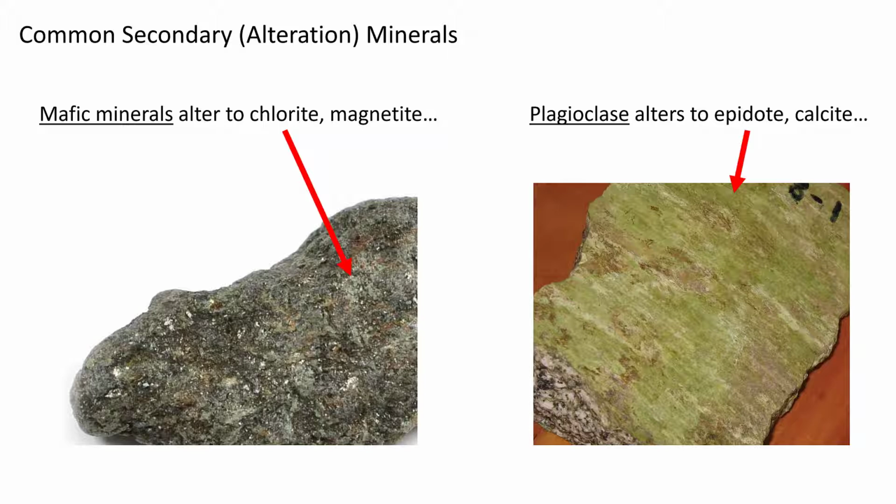Mafic minerals typically alter to chlorite, indicated by the arrow on the left as the dark greenish colored mineral, and magnetite is magnetic, and both of these are identifiable in the field. Plagioclase frequently alters to epidote, indicated in the photo on the right, which is a pistachio green colored and soft mineral. It also alters to calcite.